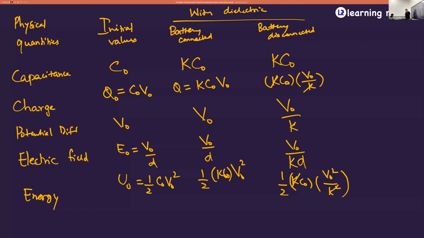So it will decrease by a factor of K. This concept is not there in the textbook, so please make a note of it. It is very rare that you can find problems based on this.